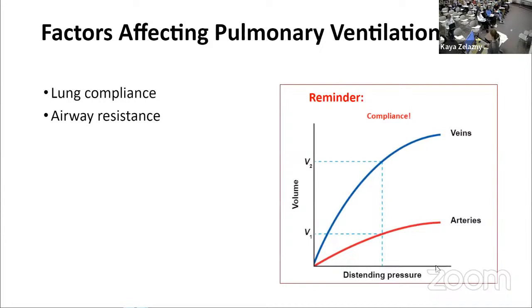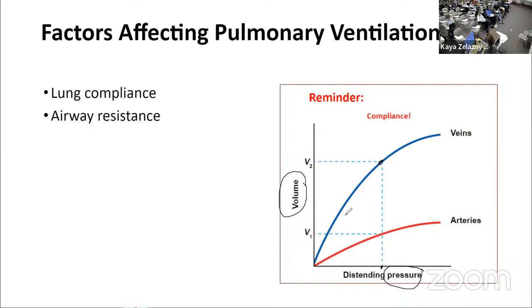I'm just going to remind you that when we're talking about compliance, we are talking about a relationship between volume and pressure. When we say something has high compliance, like a vein, what we're saying is that we can fit a lot of volume for just a little bit of a change in pressure.